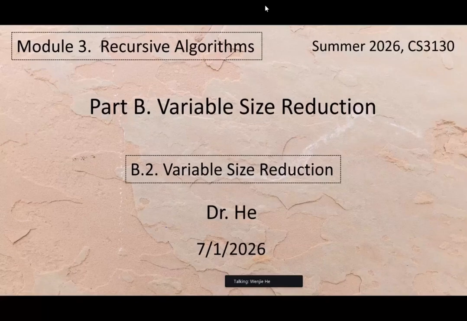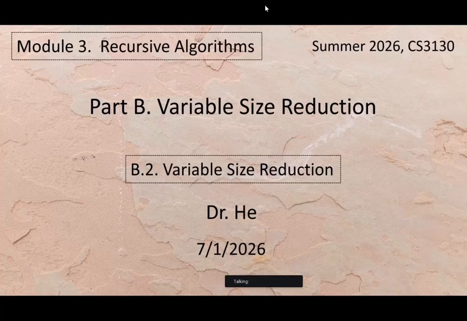This time, another special type of size reduction, but a variable size reduction. Each round, the size reduction part could vary.